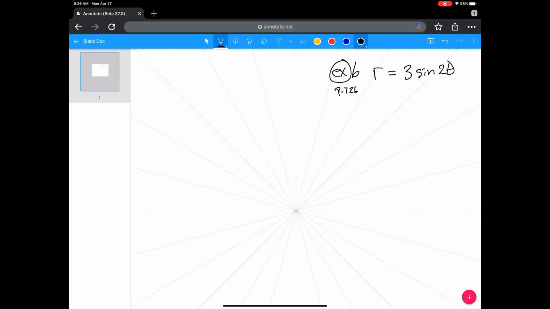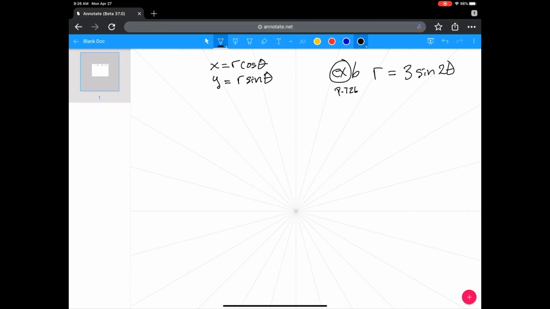Let's also remind ourselves that in general, x is equal to r cosine theta, and y is equal to r sine theta. So having a cosine or a sine gives a more natural relationship between the normal Cartesian system and the polar system.